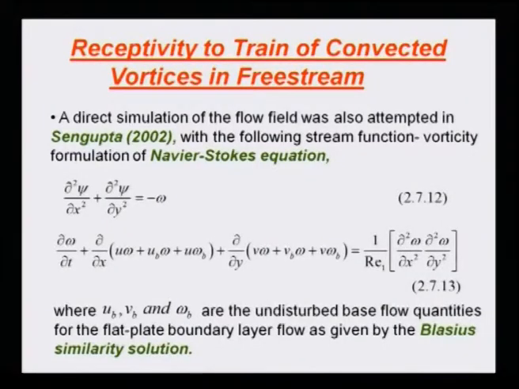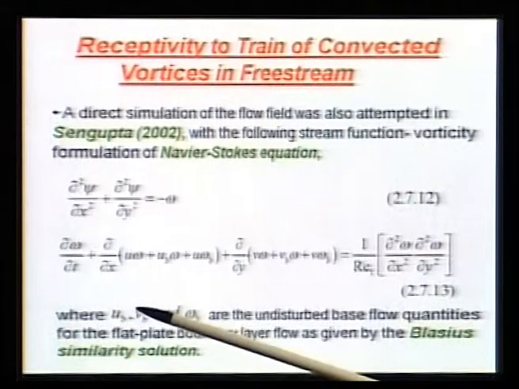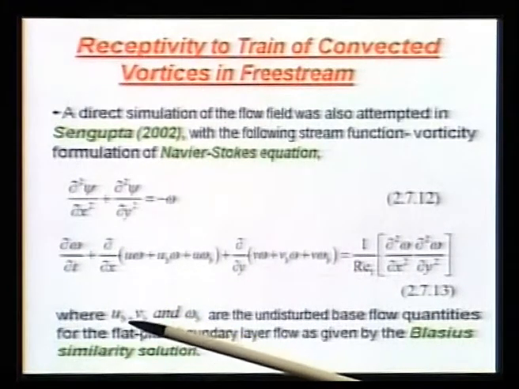What you notice is that this is the form of the Navier-Stokes equation, and the way this equation is written, you can notice that we have split the total variable into two parts. One is the basic part, which we indicate by subscript b. So, ub is the streamwise velocity of the basic flow or the equilibrium flow.